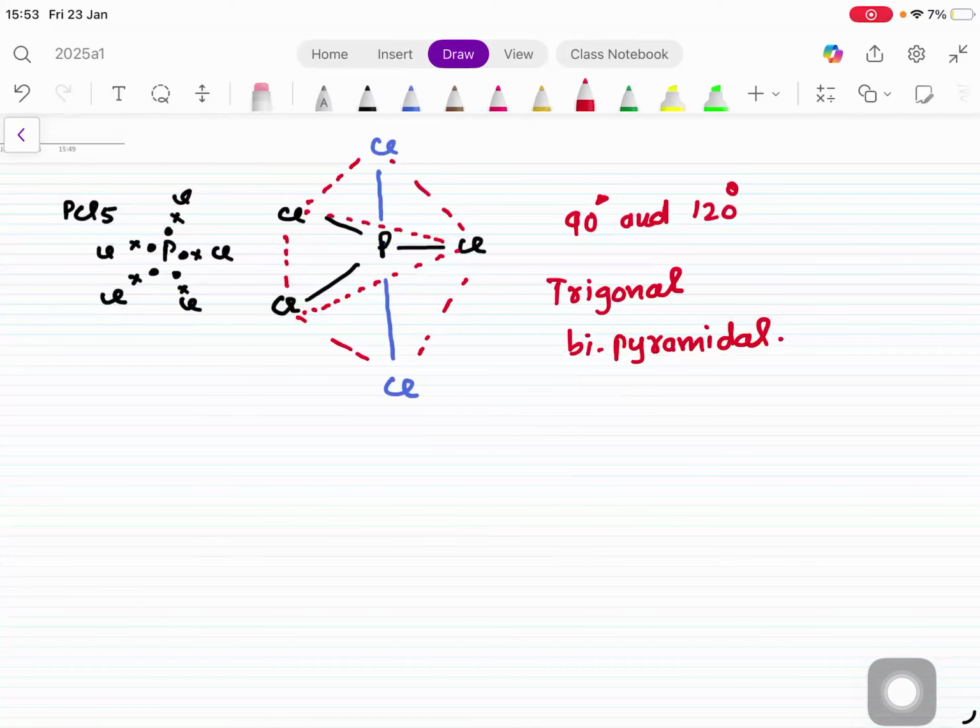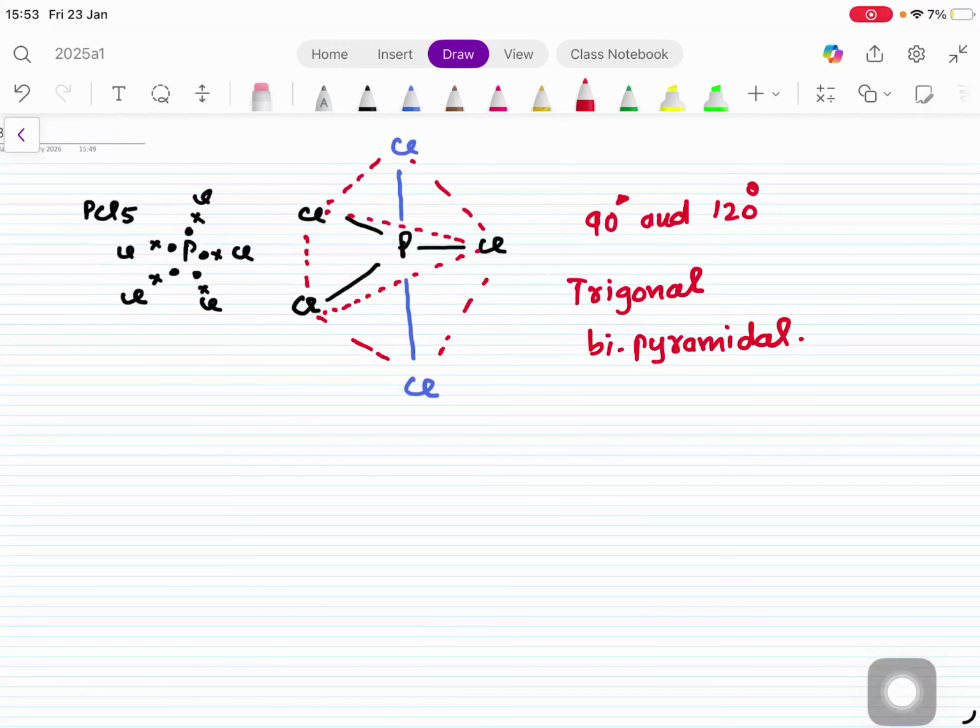So whenever there are 5 bond pairs, you have to add it in the table. Whenever there are 5 bond pairs, the shape is trigonal bipyramidal and the bond angles are 90 and 120.